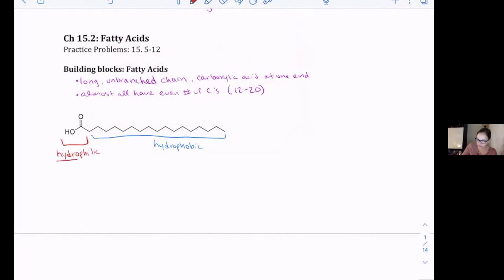So we know that hydro means water. Philic is a Greek root for loves. So this means that the hydrophilic end loves water. It loves to be around water. It is dissolved by water.